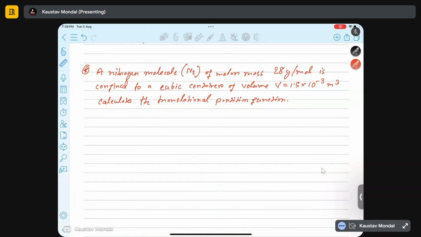Here we have to calculate for two temperatures: T1 is 250 Kelvin, T2 is 500 Kelvin.